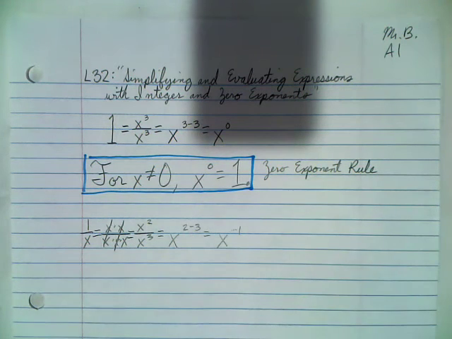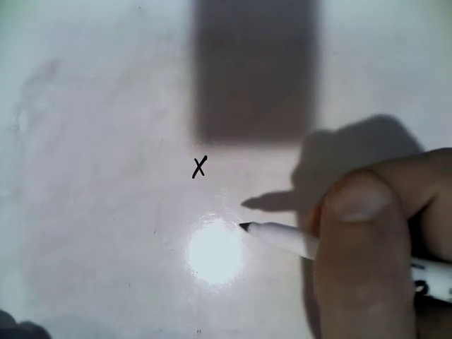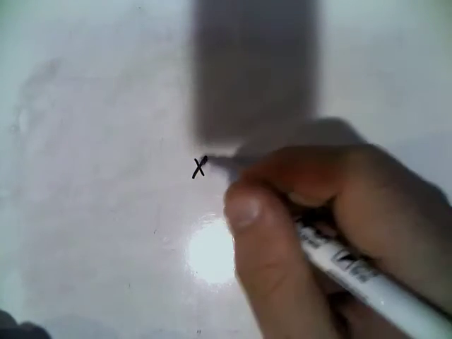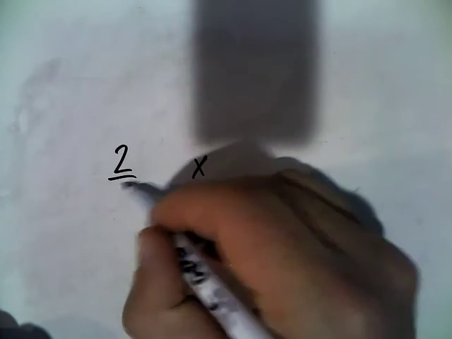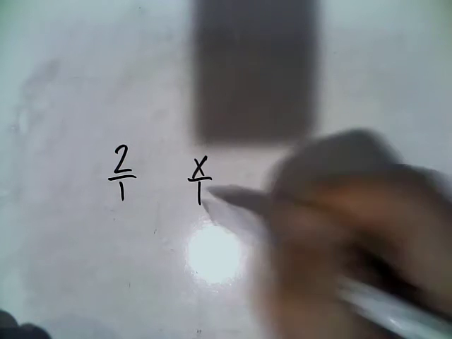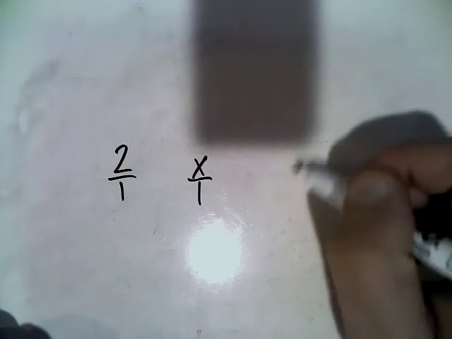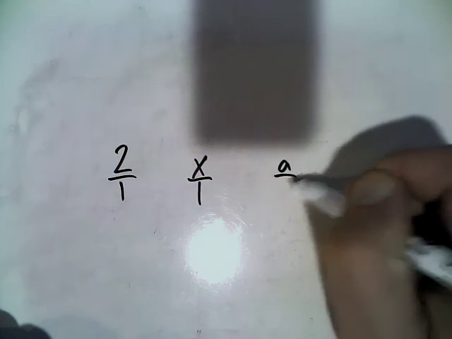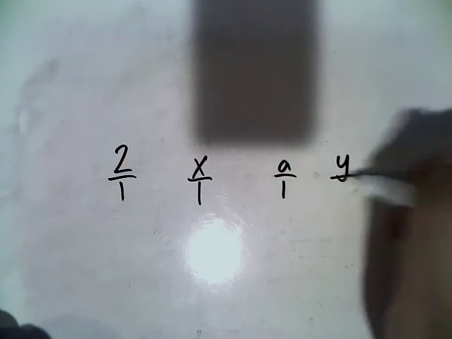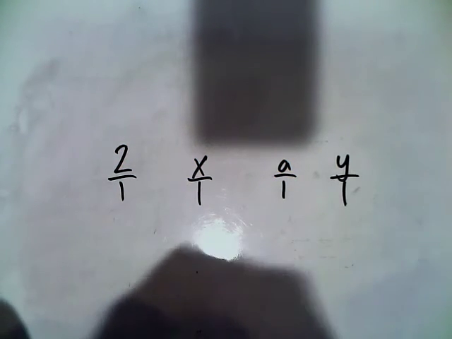Well, ladies and gentlemen, anytime you think about a variable like x, if we were to change this into a fraction, we treat variables like whole numbers. So just like 2 would become 2 over 1, x as a fraction would become x over 1. So a as a fraction would become a over 1, y as a fraction would become y over 1.